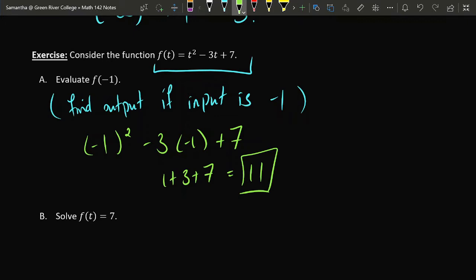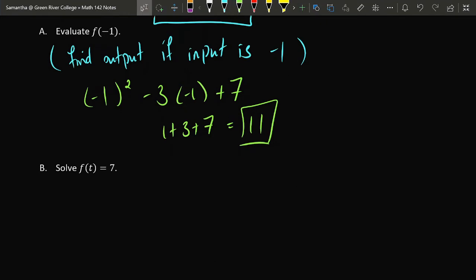Now, here's a slightly different question. They say solve f of t equals 7. In this case, this is a very different question because the input is not known. The number in the parentheses is unknown.